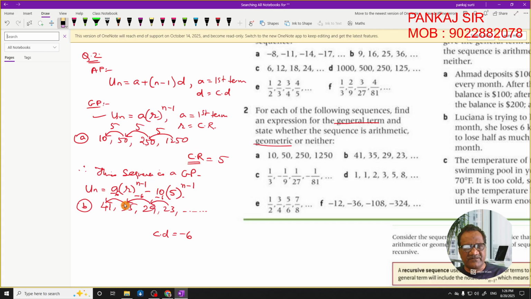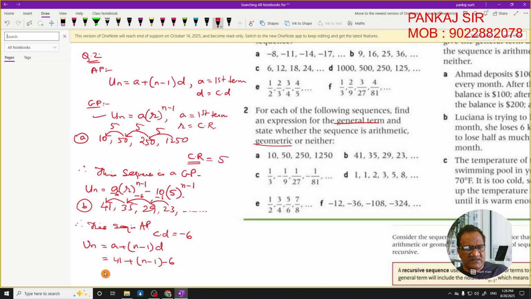Now the common difference is minus 6, so it's an AP. Whenever a sequence has a common difference, it is an AP, and the general formula for AP is a plus n minus 1 times d. So a in this case is 41 plus n minus 1 times minus 6.